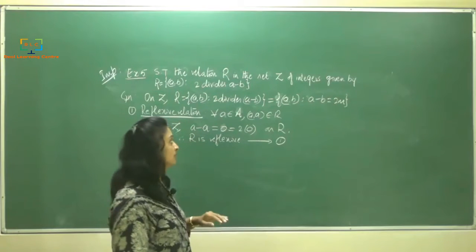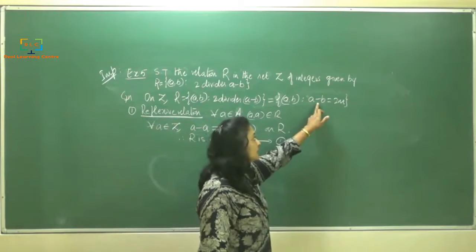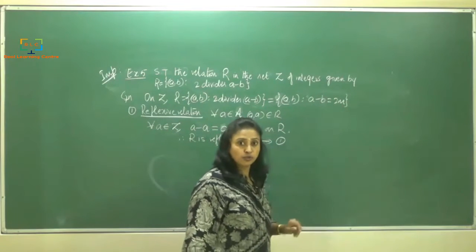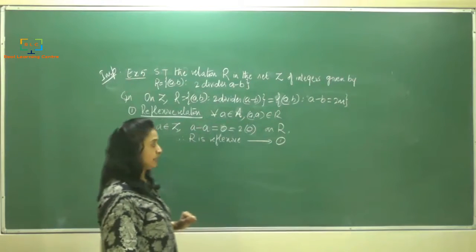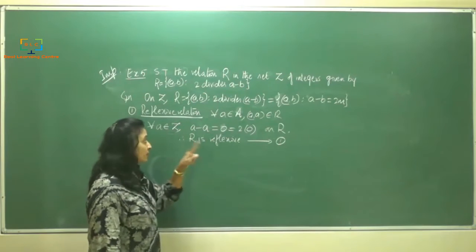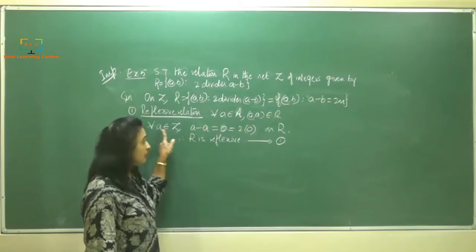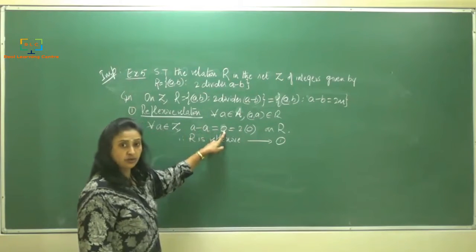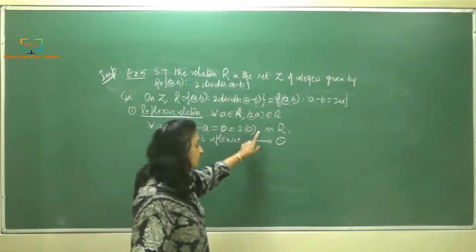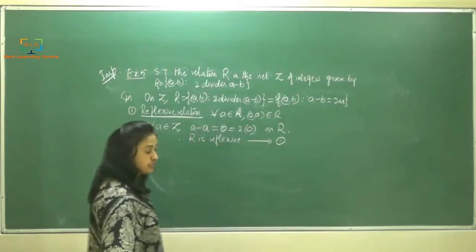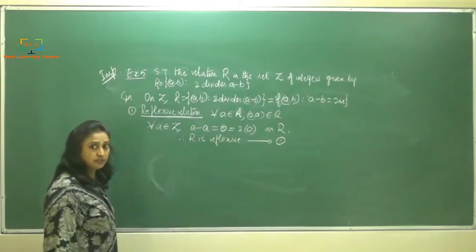What is the operation given? The subtraction is a multiple of 2. a minus b should be equal to 2 times m. So in the place of b also I shall put a: a minus a is equal to 0. 0 can be written as 2 into 0.